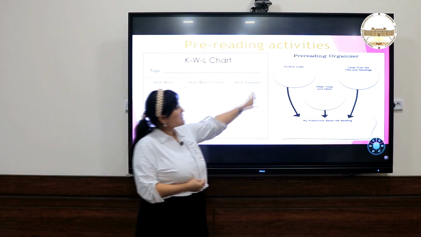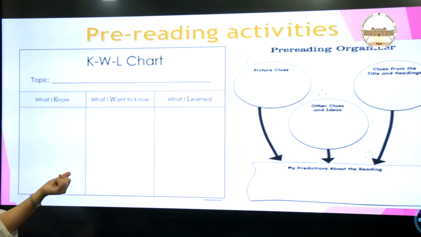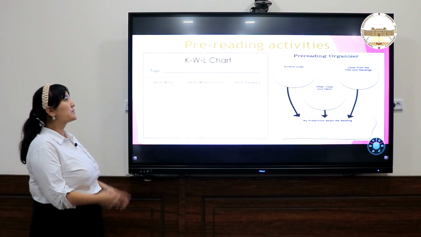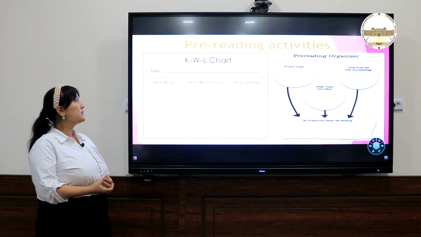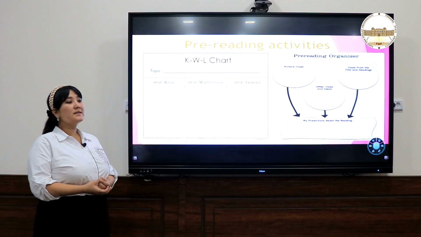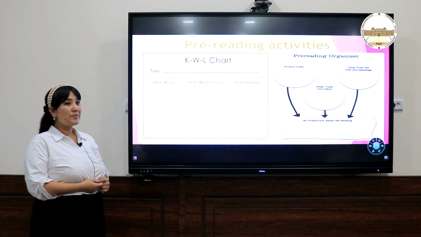The next one is graphic organizer, and we can use these organizers in pre-reading activities. Here we can see two types of graphic organizers. The first one is the KWL chart. Before starting the text, the teacher can give this chart in order to check their comprehension.